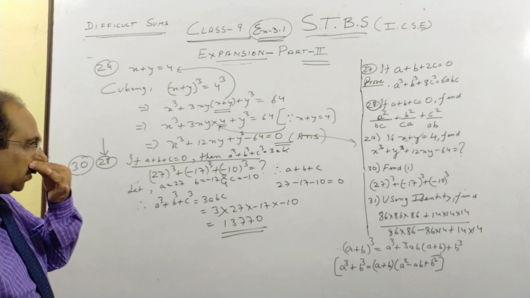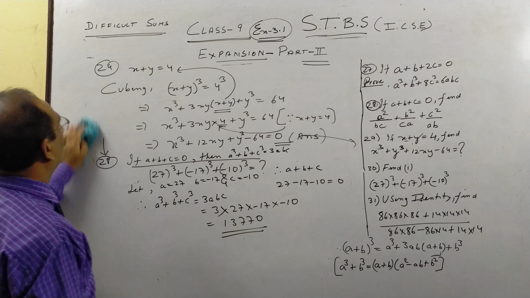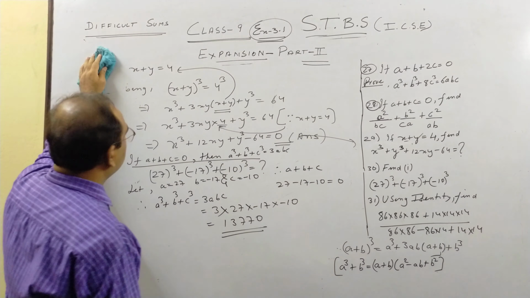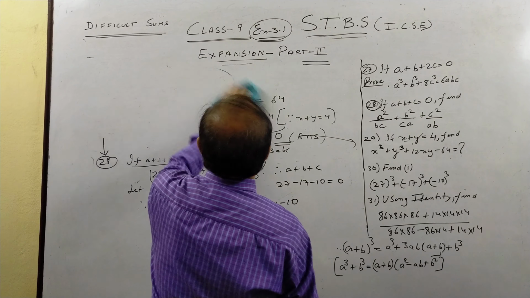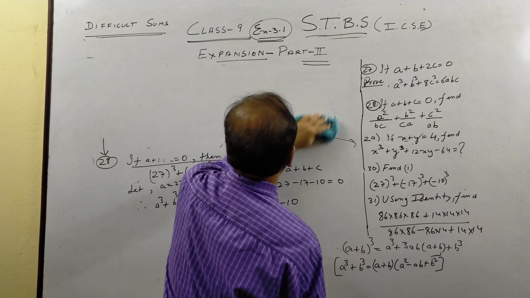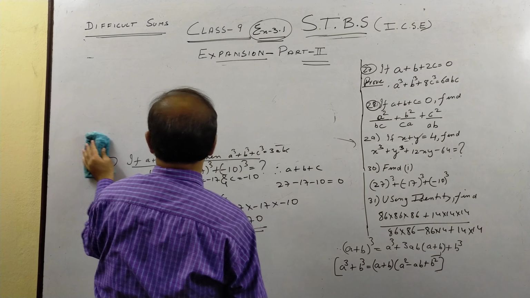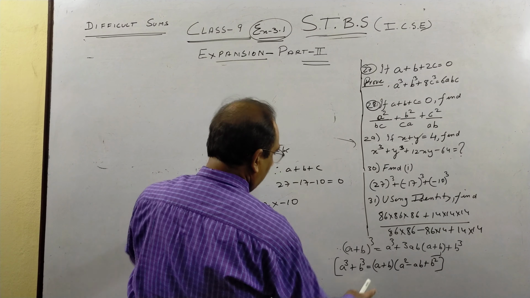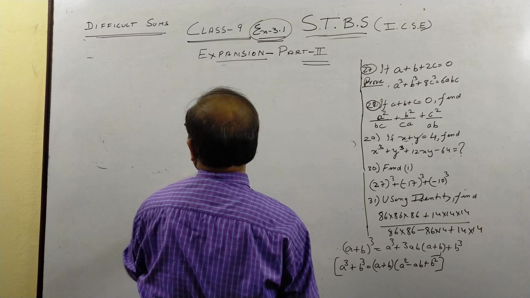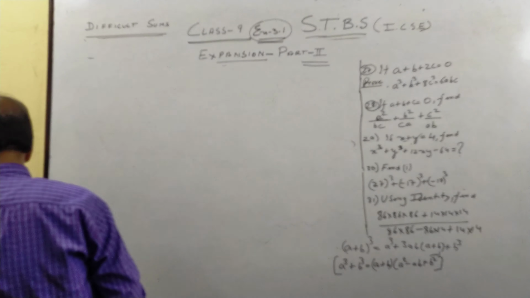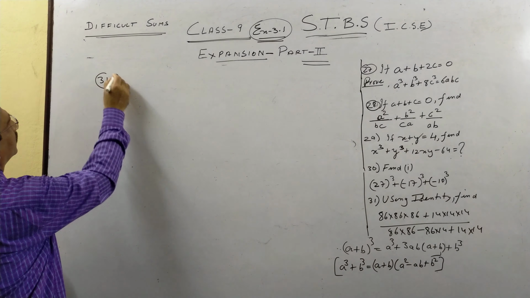So now we move on to the last question of today, where we are going to use the identity which I have written at the bottom. So here you see this last sum, number 31.